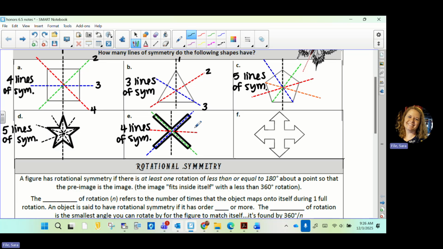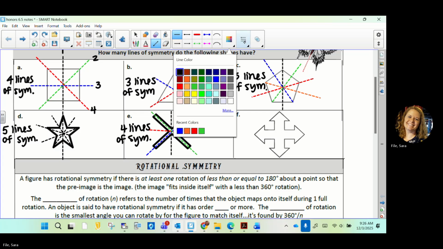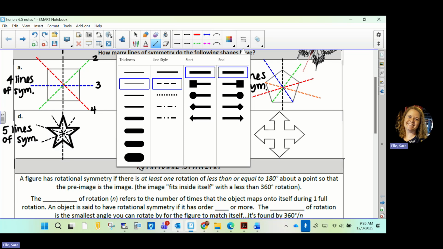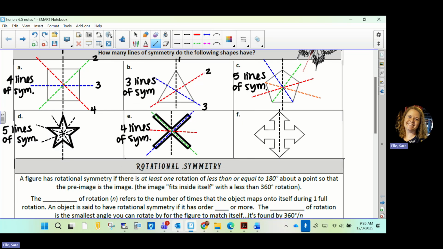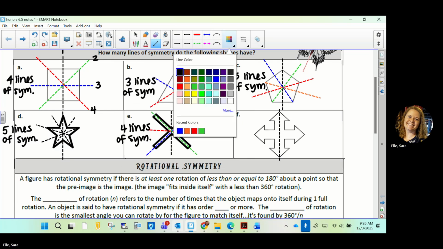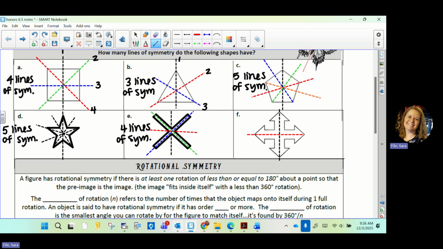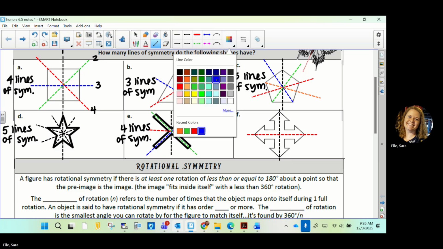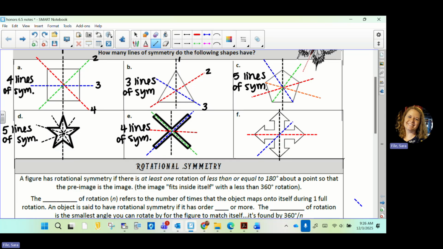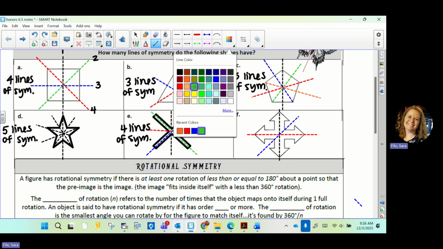All right, last but not least for the reflectional symmetry. I could do the same thing here. I could go vertically. I could go horizontally. I could go diagonally. And diagonally the other direction.